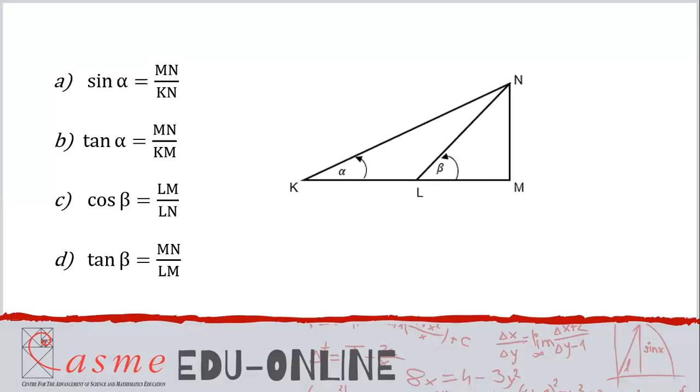The tangent of beta: because we are looking at this smaller triangle, our opposite is still NM or MN, but our adjacent side is LM. Tangent will always be the opposite side divided by the adjacent side. So these are the solutions for the first activity.